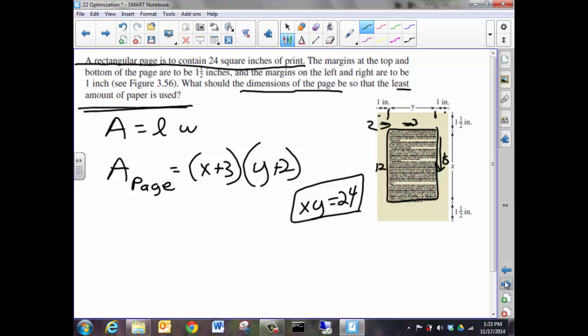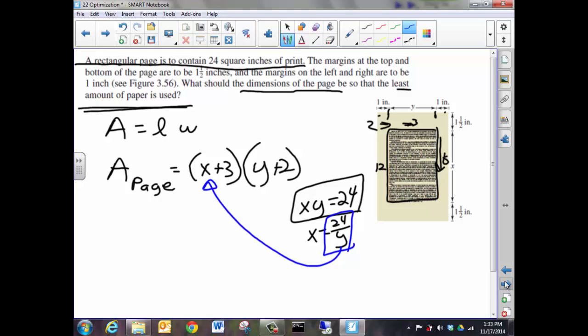So from this, we can simplify that and get, do y'all want to solve it for x equals or y equals? Okay, so x equals 24 over y, right? And now we can take this number and plug it right here.